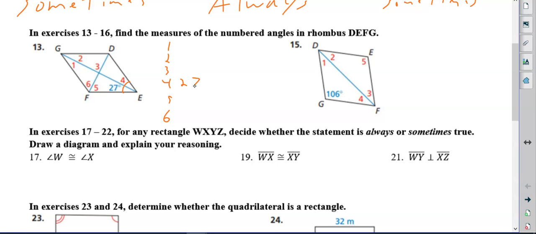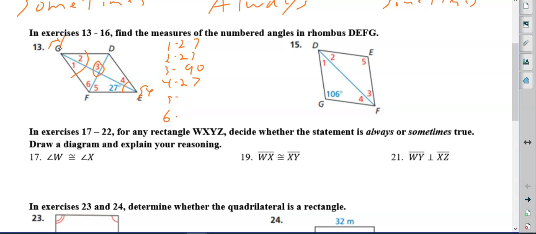Therefore, 1 and 2 on the opposite side are also 27 themselves. Now on the inside where the diagonals cross, that is 90 degrees. Okay, now let's think about this. If this is 27, that means this is 54 and this is 54.